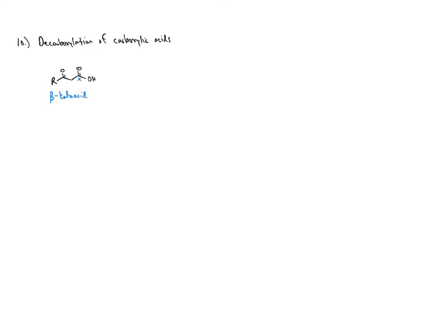Because if we're starting here, this is the alpha position and that's the beta position, there's a ketone at the beta position. Beta-keto acids will undergo decarboxylation. And so I'm going to redraw this slightly suggestively. So I'm going to basically rotate around this carbon bond here. And when I do that, that's going to place the hydrogen atom of that carboxy group right in line with the carbonyl carbon.